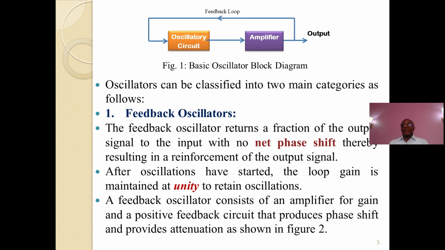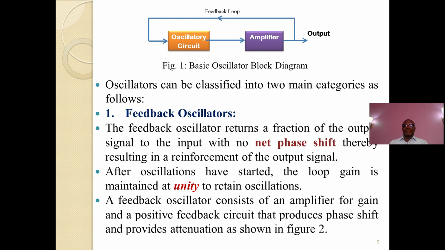If you allow that, then the oscillation will not be maintained at a particular level. So for you to maintain that oscillation at a particular level, you start doing certain things. Those things are what we are going to gradually and simply explain so that you understand exactly what happens.